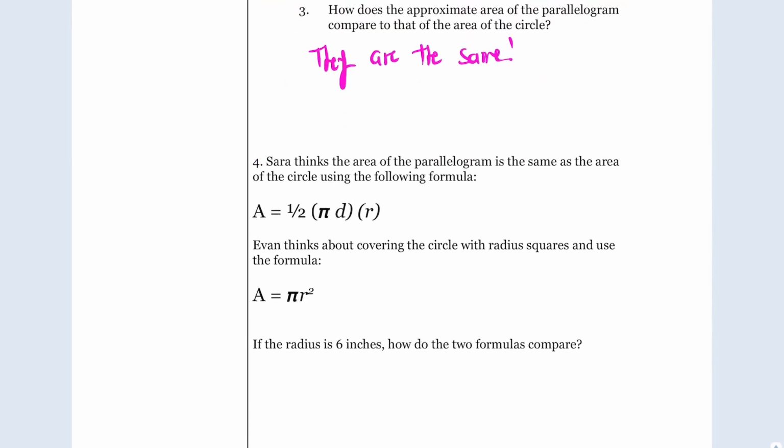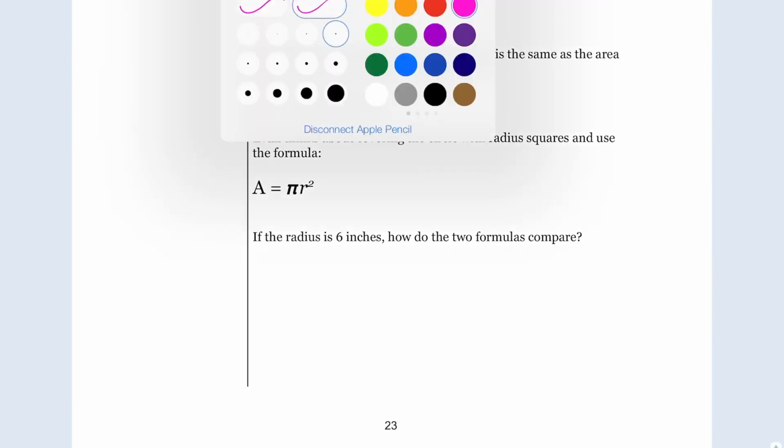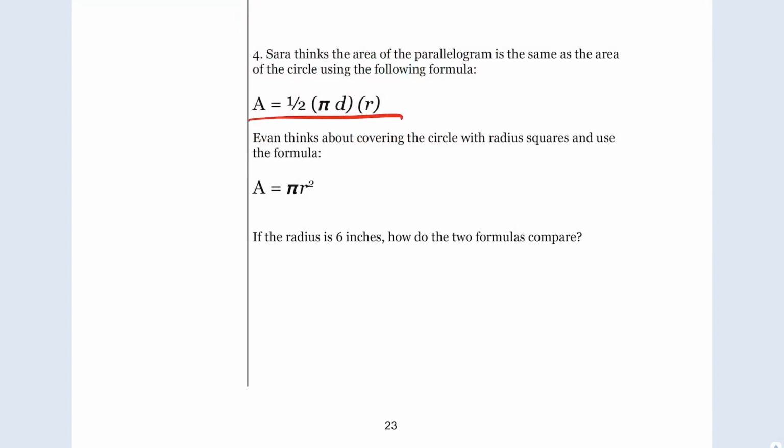Question number 4. Sarah thinks the area of the parallelogram is the same as the area of the circle using the following formula. Evan thinks about covering the circle with radius squares and using the formula A equals pi r squared. If the radius is 6 inches, how do the two formulas compare? So all we're going to do is test both of these formulas. I'll use Sarah's formula in red. So the area is equal to 1/2 times pi times the diameter.